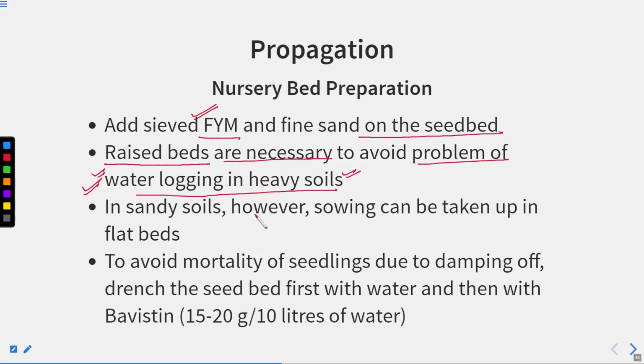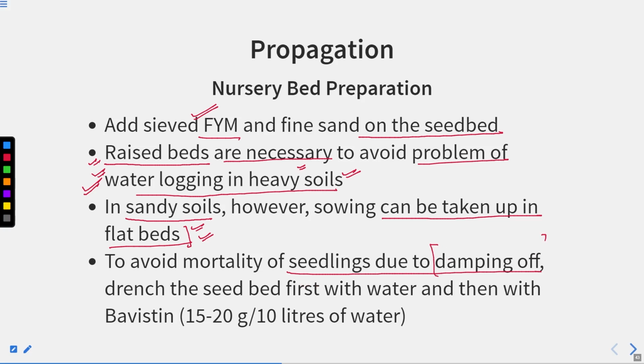Now, in sandy soil, however, sowing can be taken up in flat beds. In heavy soil, you have to prepare raised beds, to avoid mortality of the seedlings due to damping off.